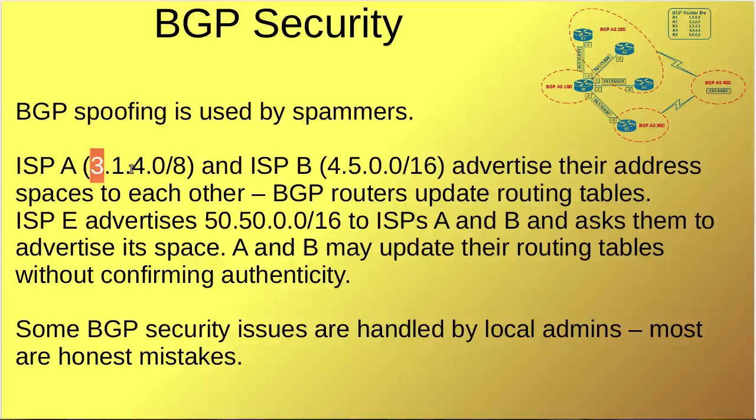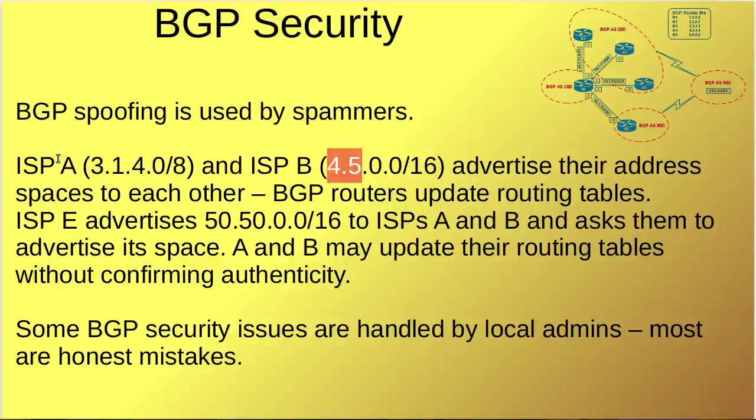Everything else is host addresses. And ISP B similarly might have a different network address, where 4.5 is the network ID part and everything else is the host part. The /16 means 16 bits, and these are the 16 bits.